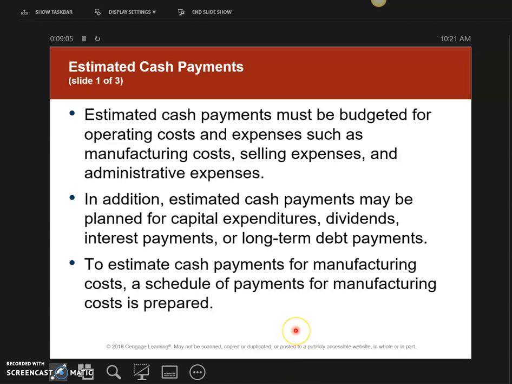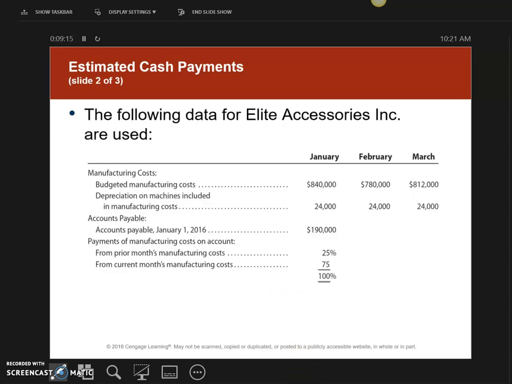Okay, so I pay out for cash. I pay for my direct materials. I pay my direct labor. And then sometimes I will have to pay factory overhead bills. So here's my data. Here's my January information, my February, my March. So here are my manufacturing costs.